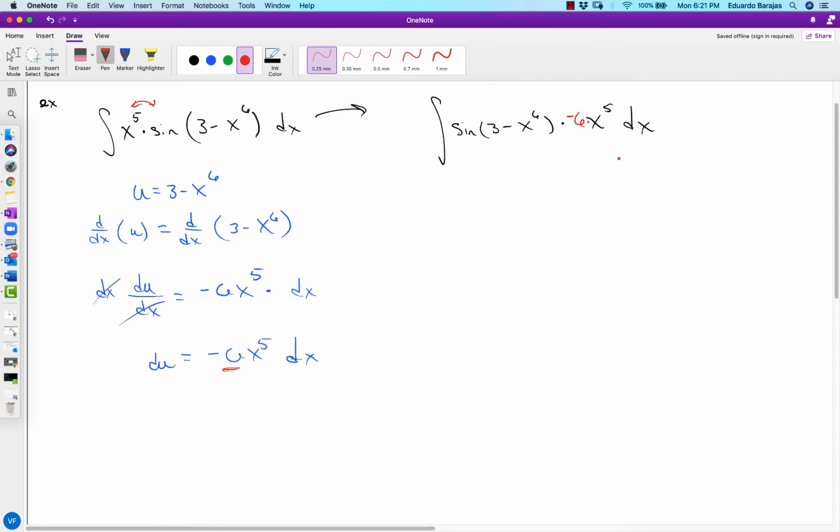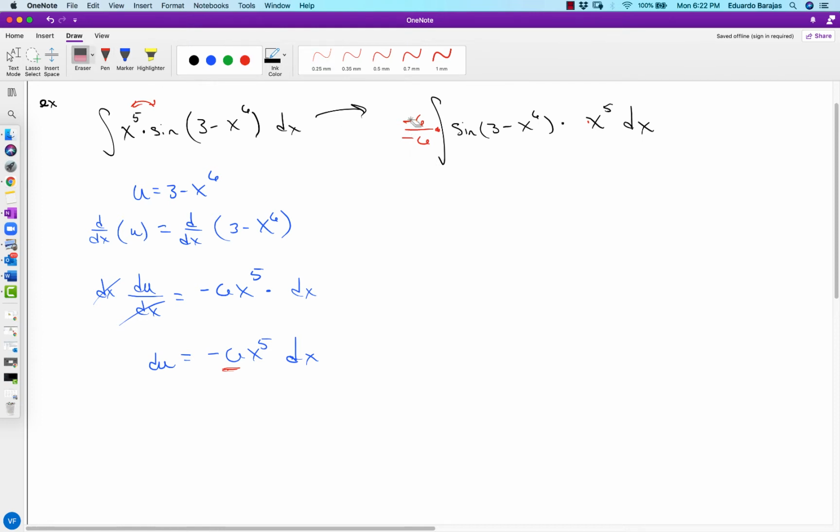Minus 6 times that. Now, of course, you can't just go around multiplying things by minus 6, but here's what you can do. Let me erase that. What I could do is multiply it by negative 6 over negative 6. Negative 6 over negative 6 is just another version of 1, and multiplying anything by 1 doesn't change the value.